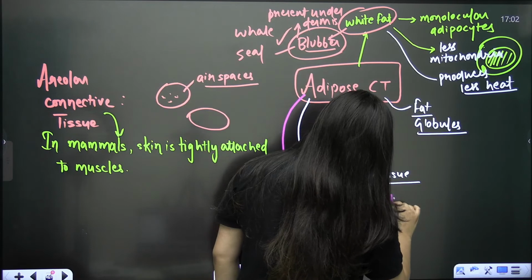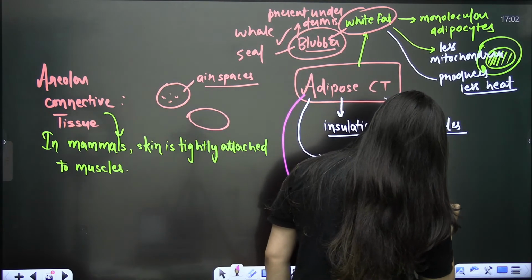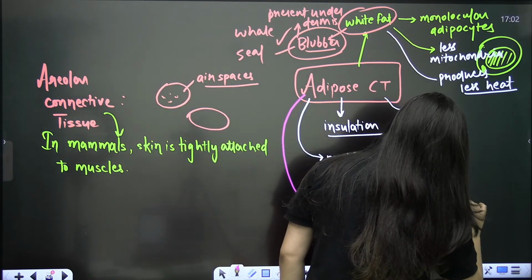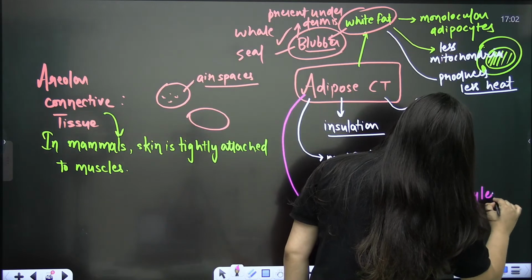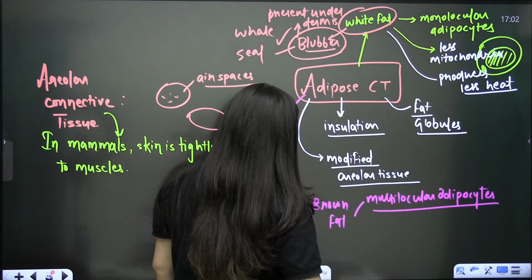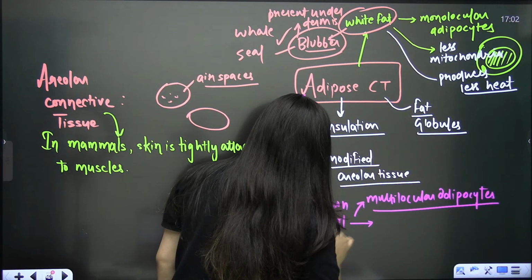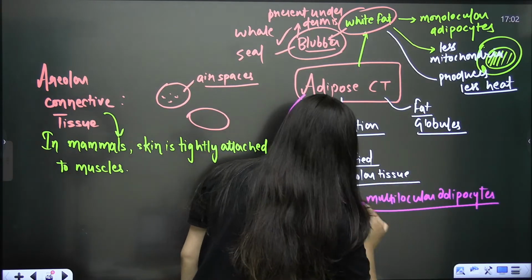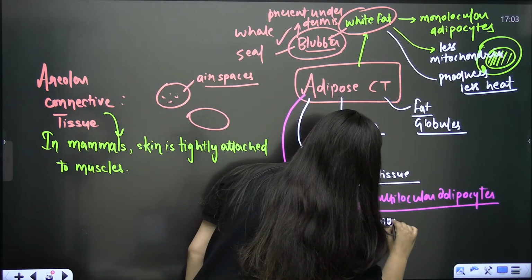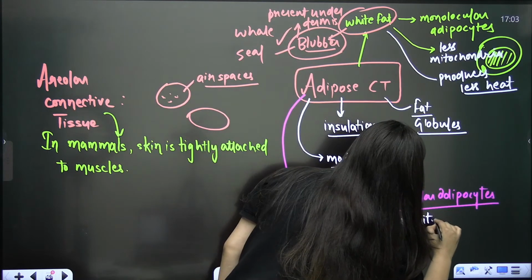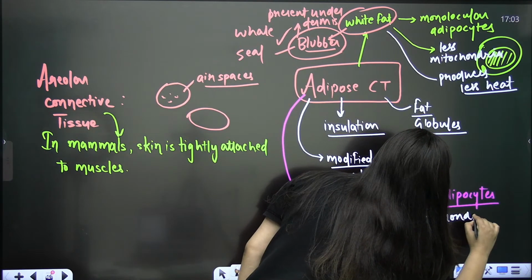So write down, it is having multilocular adipocytes, and moreover in the brown fat, what will you see? More mitochondria. So it produces 20 times more energy than the white fat.